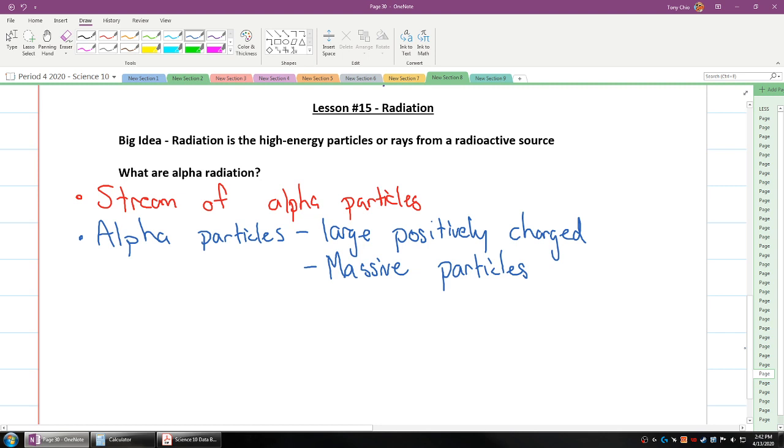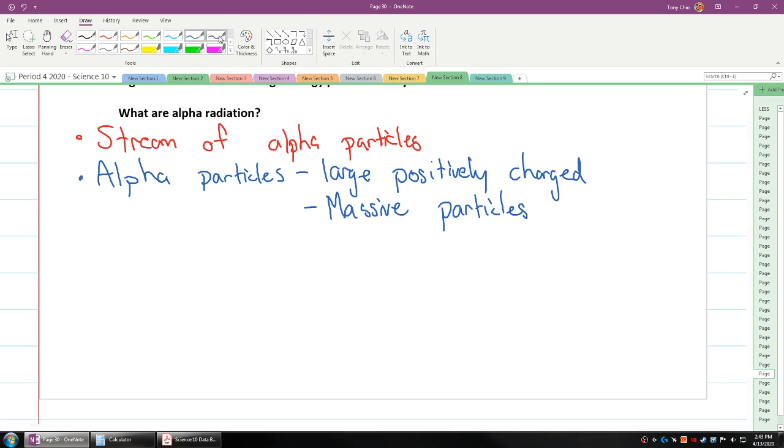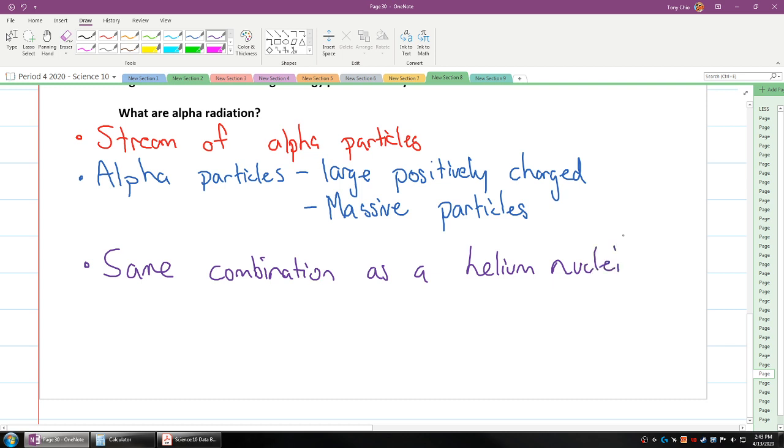Now, there's a way we use to represent this alpha radiation. But you actually usually use the helium nuclei, because it has the same combination as a helium nuclei. Then because of that, we could use our standard atomic notation. So what does that look like?